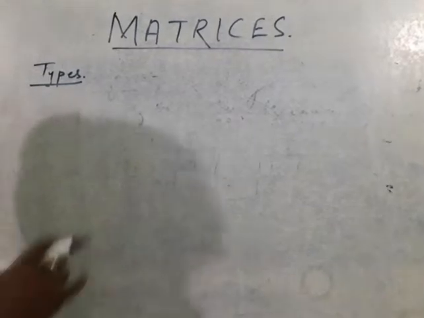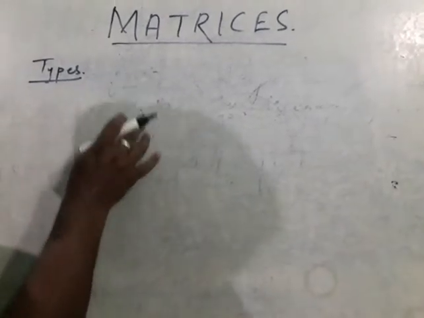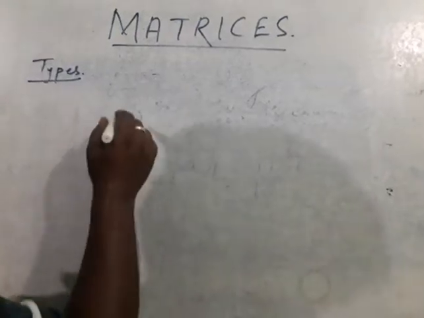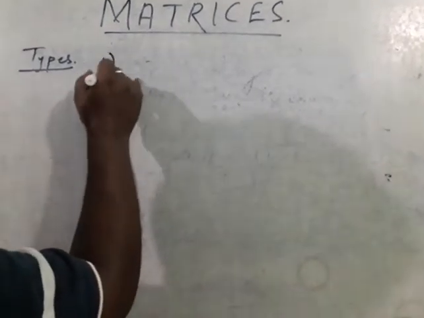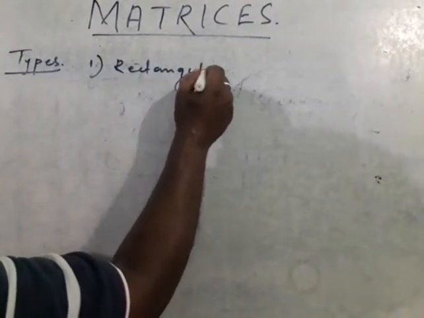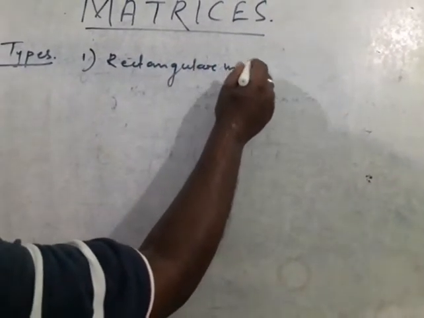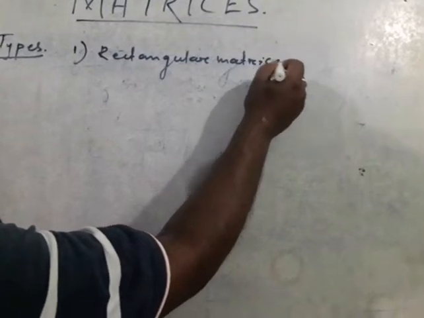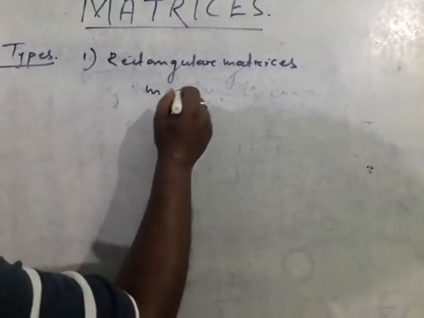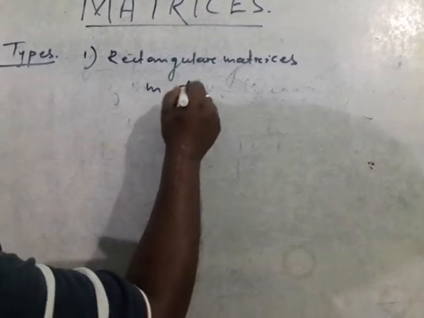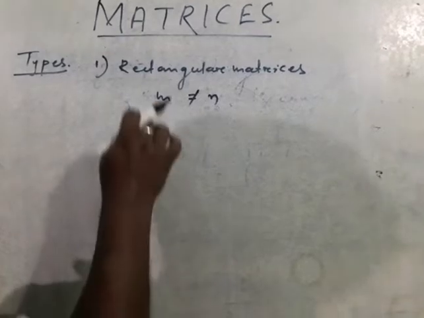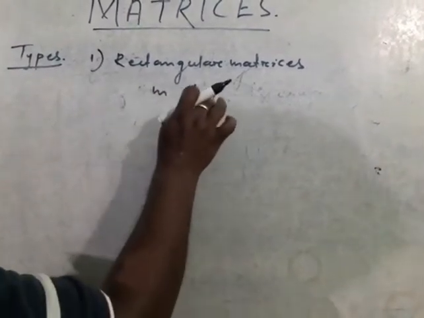So far as the arrangement of the components or entities is concerned, matrices can be divided into, first, rectangular matrices, where m, the number of rows, is not equal to n, the number of columns.